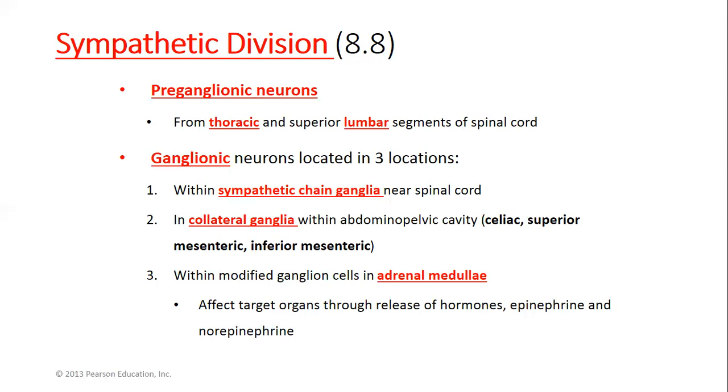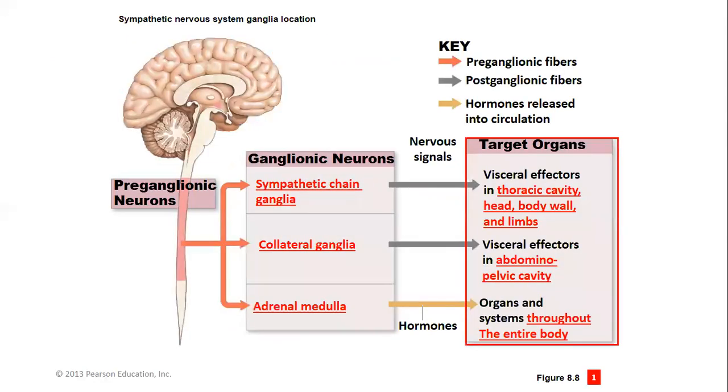It's a modified ganglion, as opposed to a typical collection of cell bodies that would then have axons that innervate a target tissue. The axons and the cell bodies of the ganglionic neurons are all located in the adrenal medulla, and they release epinephrine and norepinephrine. So they're a little bit funky. So here they are.